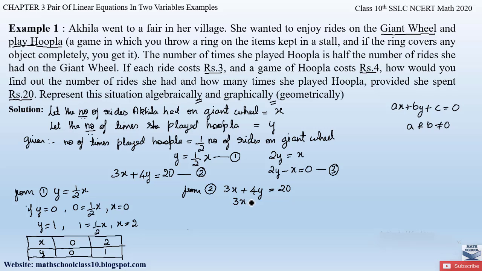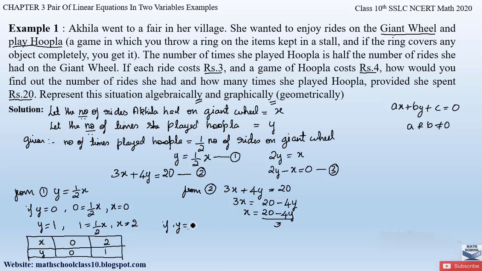So we get 3x is equal to 20 minus 4y, or x is equal to 20 minus 4y divided by 3. We are doing this so that it becomes easy for us to find the x value when we substitute the values of y.